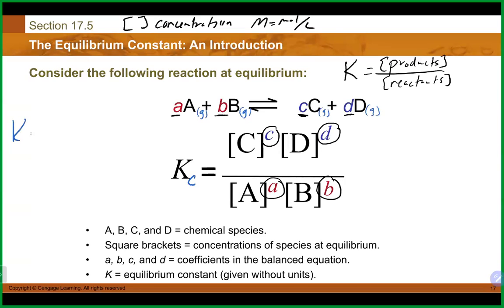The K here would be the partial pressure of C to the C times the partial pressure of D to the D divided by the partial pressure of A to the A and partial pressure of B to the B. These all use pressures, so this is sometimes what is referred to as the Kp value, P for pressures.